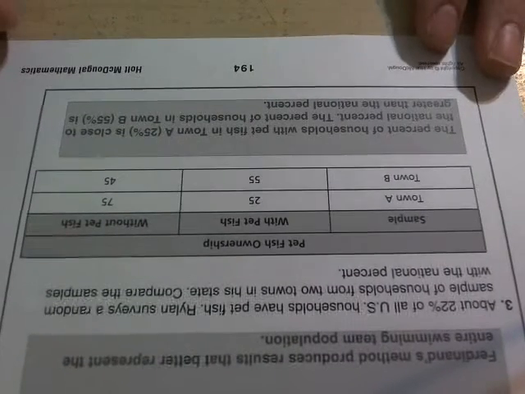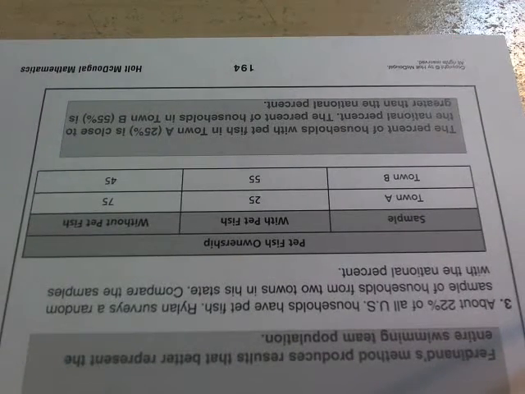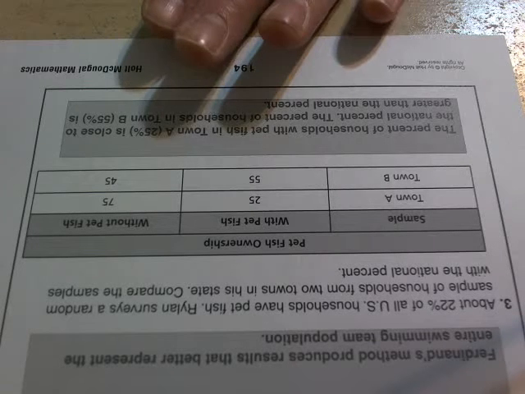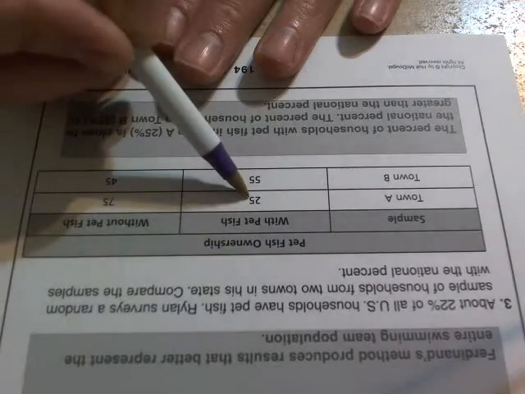As we look at the final example, it says about 22% of all U.S. households have pet fish. Brylan surveys a random sample of households from 2 towns in his state. Compare the samples with the national percent. A nice question here because the totals add up to 100, which makes it really easy to find the percent. For town A, there are 25 people that have pet fish.